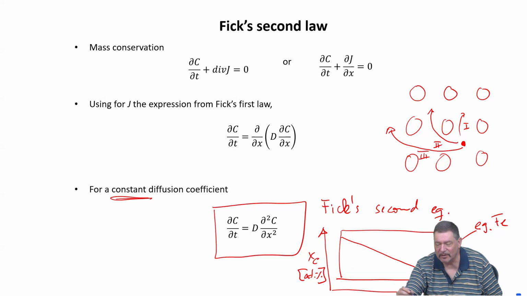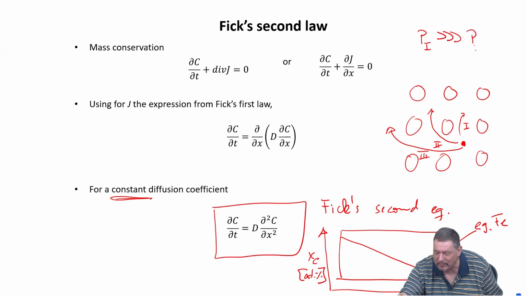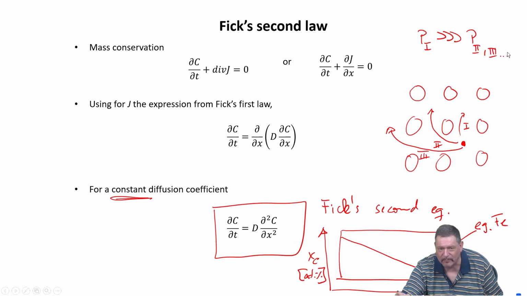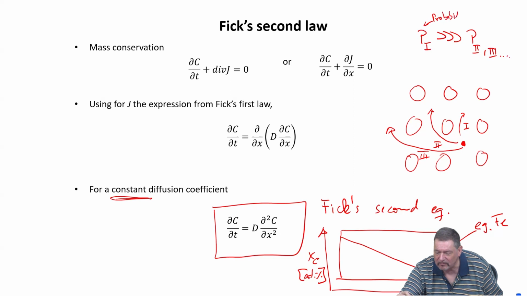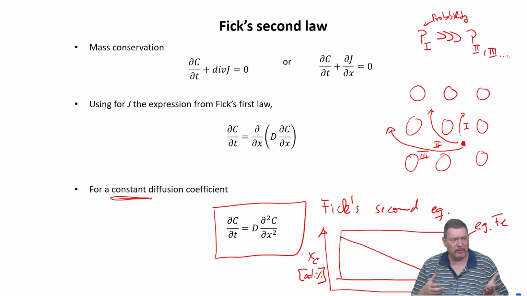But the probability P1 is much, much larger than P2, P3, and so on. Right? So these are the probabilities. It means this is also part of the general assumptions for deriving these equations, that we look only at nearest neighbor jumps as the most probable ones.